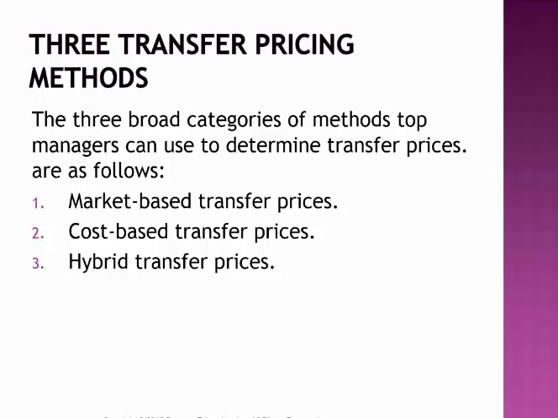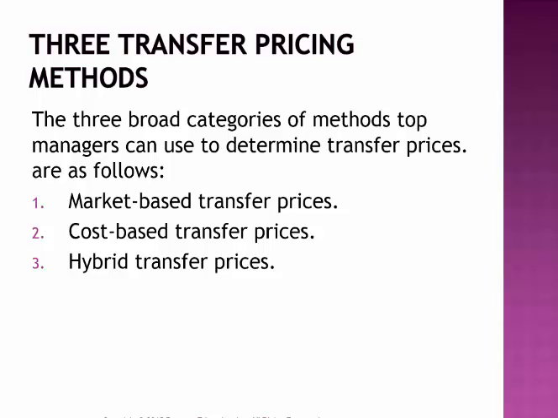Obviously, the subunits have the greatest amount of autonomy under the hybrid system. We will talk about negotiation here in a few minutes, but I want you to keep in mind that if we've got to negotiate under this hybrid transfer price area, if we've got to negotiate between subunits, that's going to be time consuming.